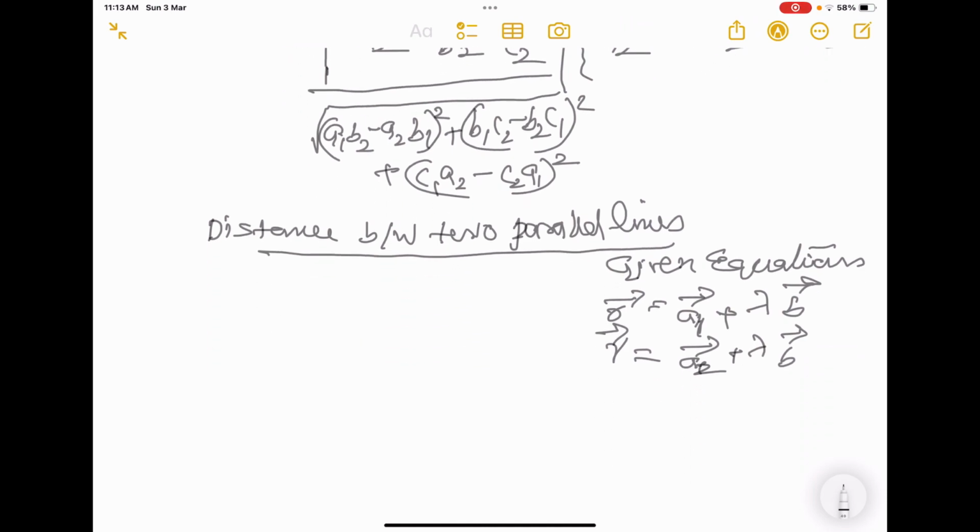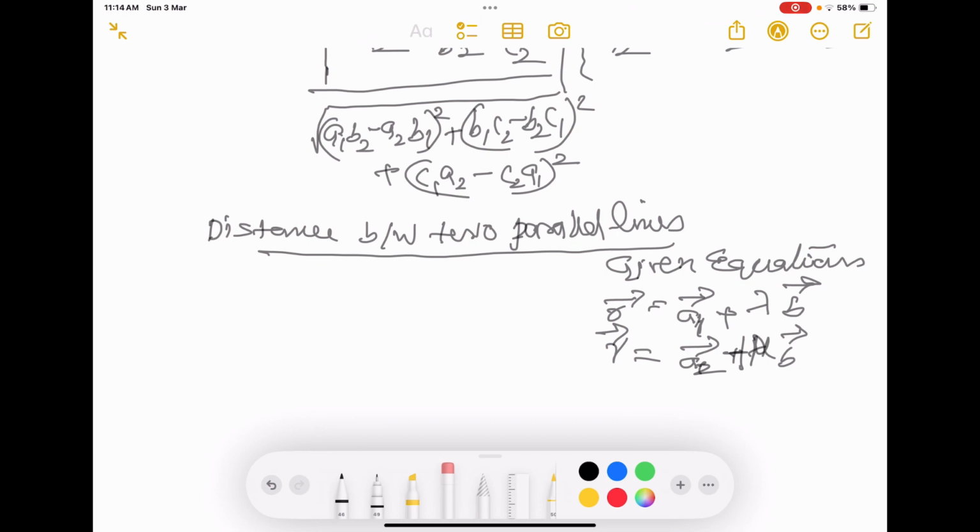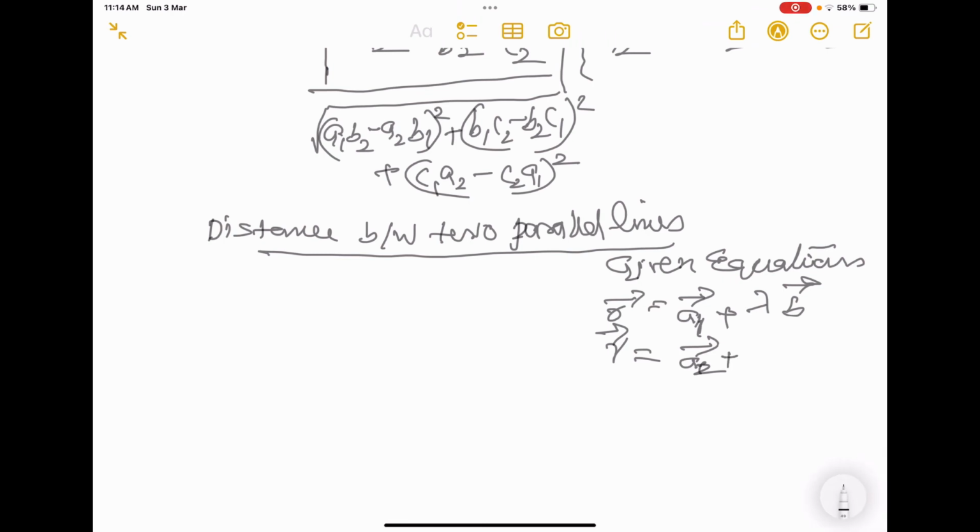In skew lines, again here we want to take this as mu, not lambda. So this vector b part is the same.